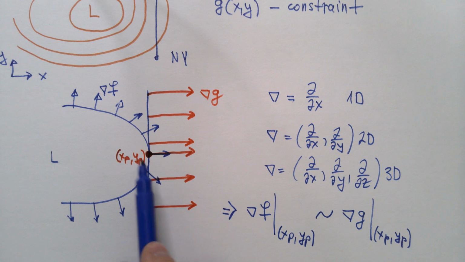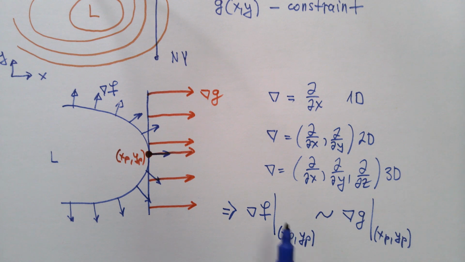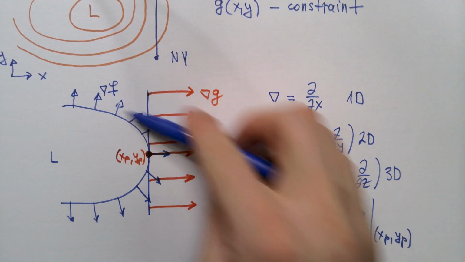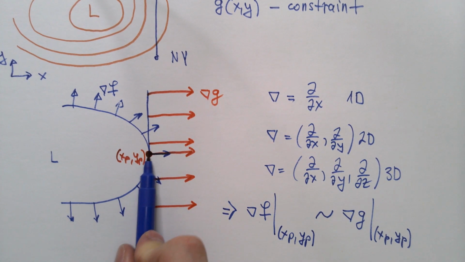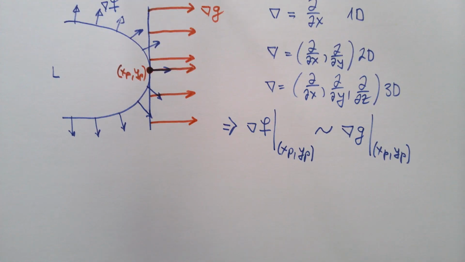I purposely drew these vectors to be different lengths because I don't want you to think that these gradients need to be the same in terms of intensity. Perhaps this one is larger than this one, but at this point over here, they are pointing in the same direction, which means they are linearly proportional. To go from proportionality to equality, we do what we always do.